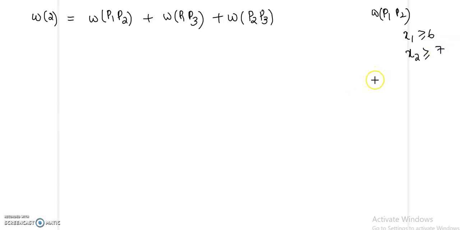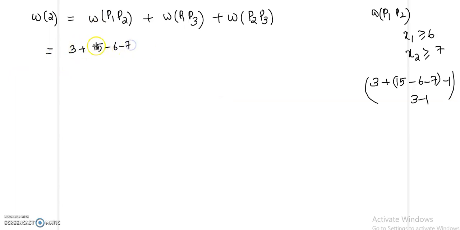So here we get 15 minus 6 and also 7. So omega of P1 P2 is (3 plus 15 minus 6 minus 7 minus 1) c (3 minus 1).